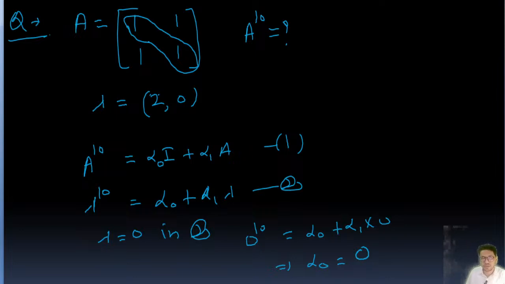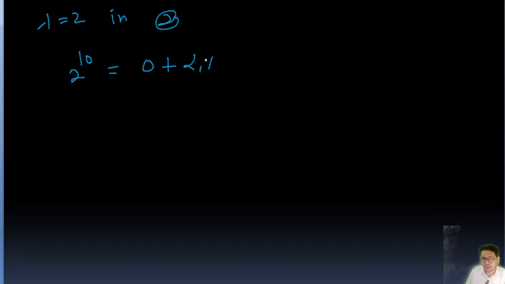Similarly, putting lambda equal to 2 in equation 2, it is going to be 2 to the power 10 equal to alpha naught, which is 0, plus alpha 1 into 2, right? So 2 alpha 1 equal to 2 to the power 10 implies alpha 1 equal to 2 to the power 9, because alpha 1 equals 2 to the power 10 upon 2.